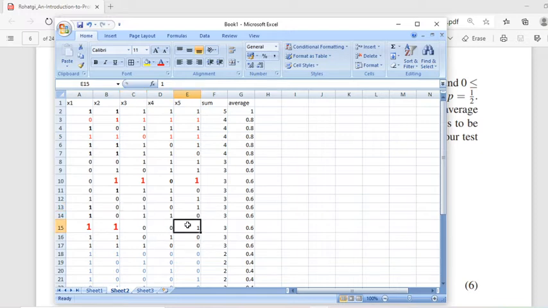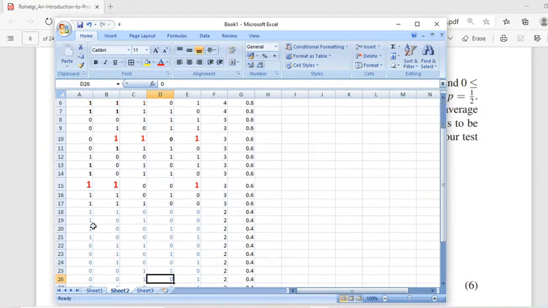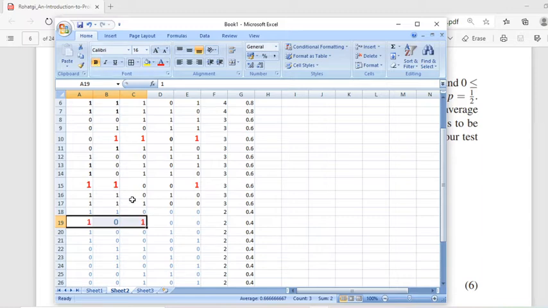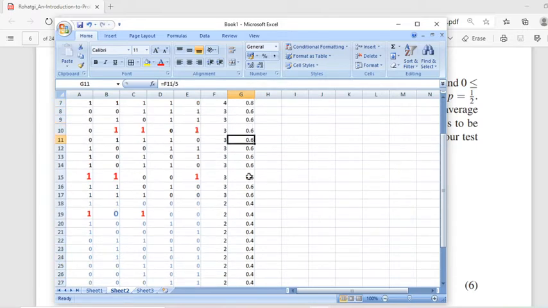So there are two possibilities. We are not getting exactly 0.5 here, but at the same time we have to accept or reject p = 1/2.